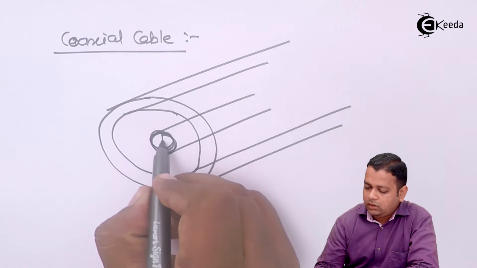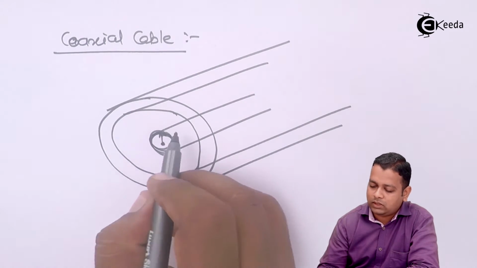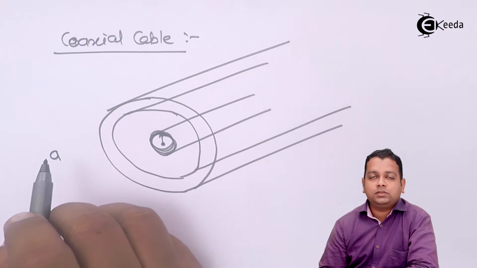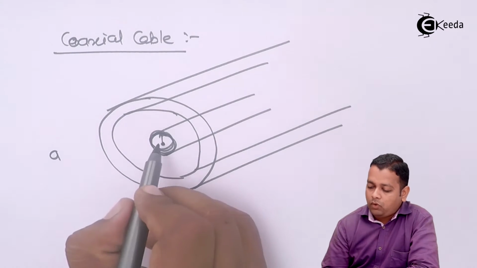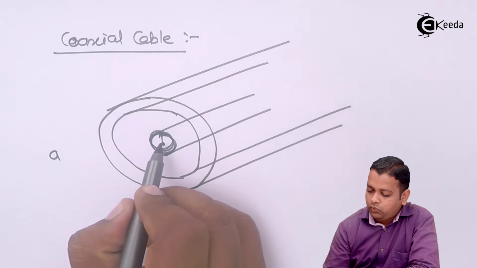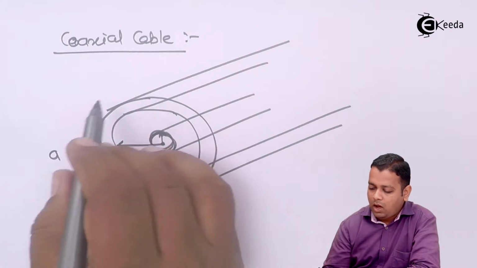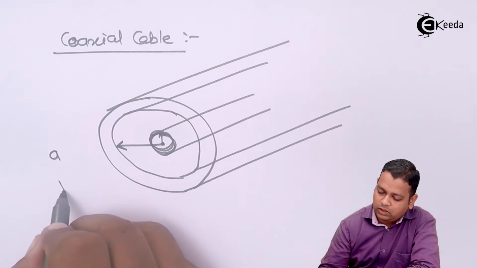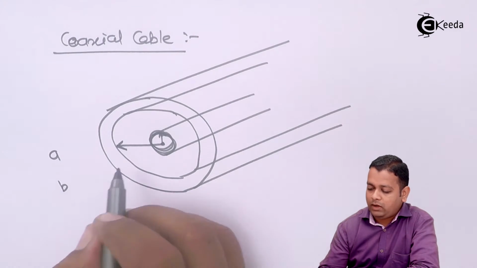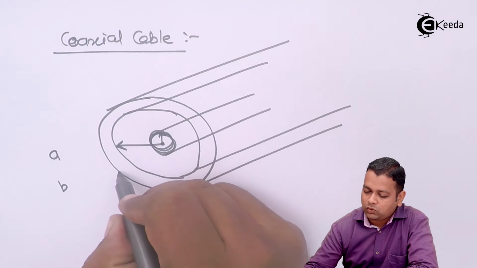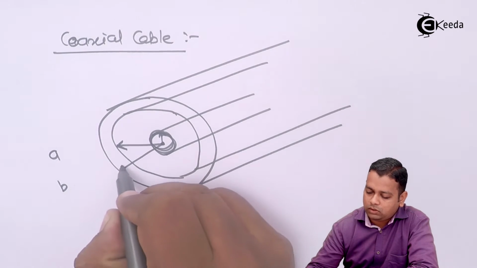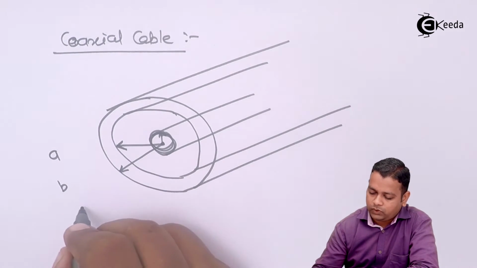From this center, whatever the radius is, we represent it by the symbol small a. From the same center, the radius of the inner dimension of the outer conductor we represent by small b.